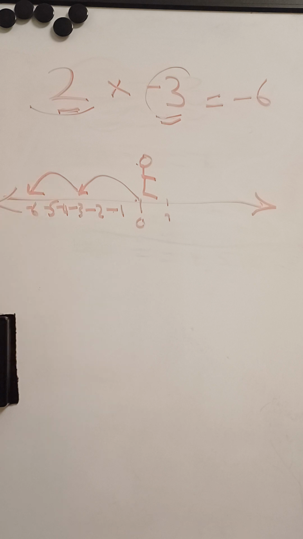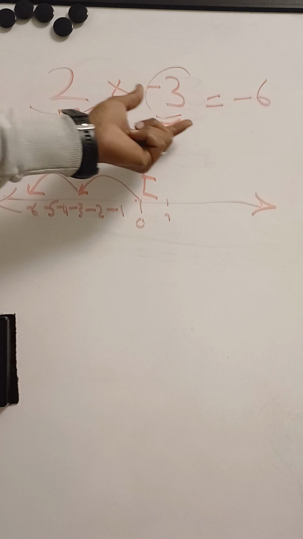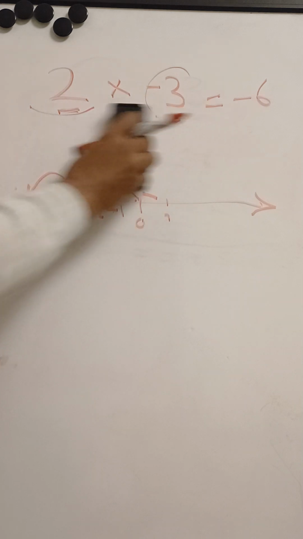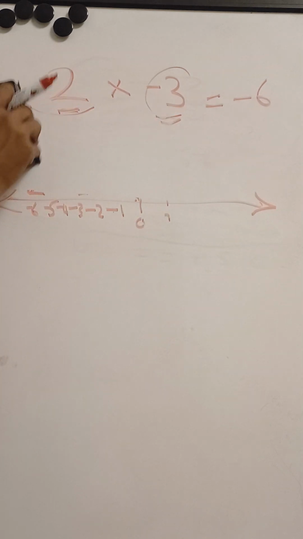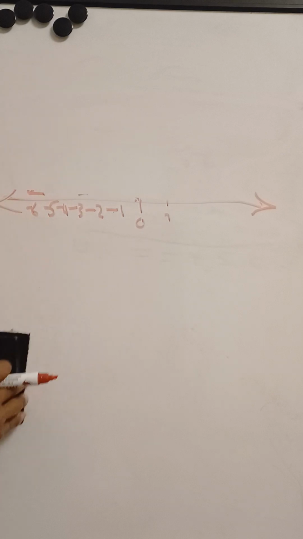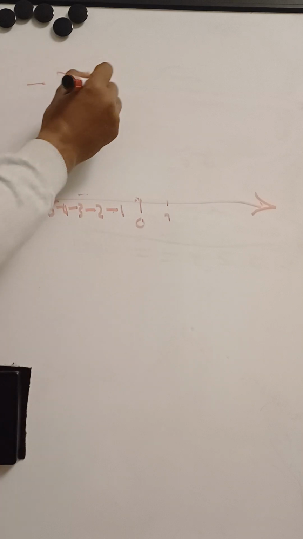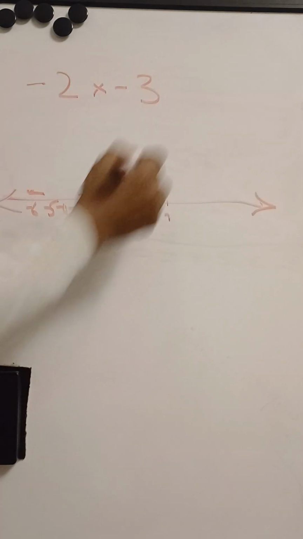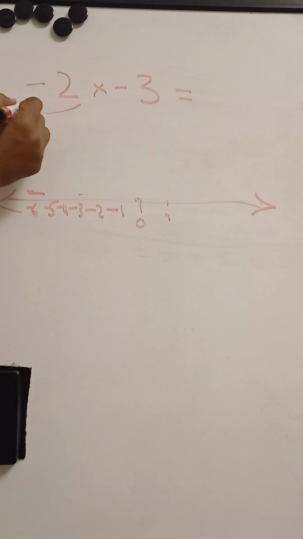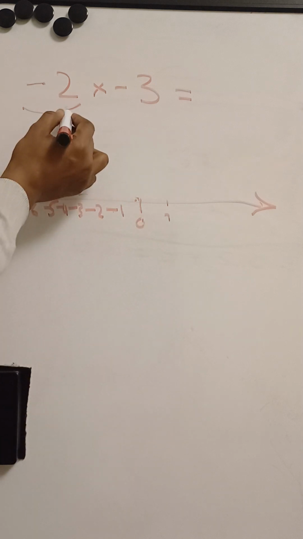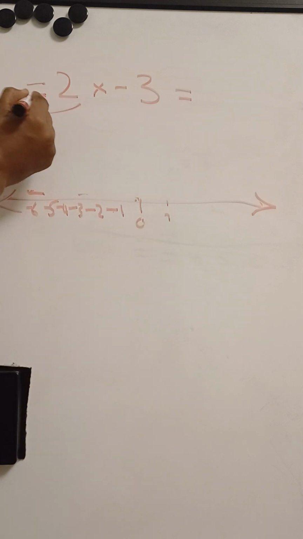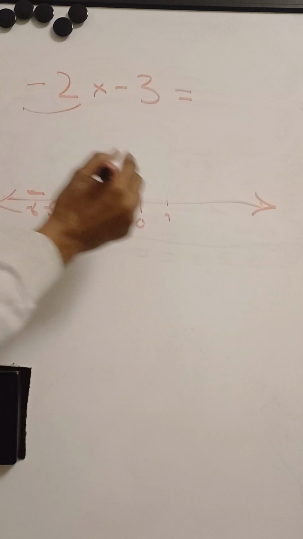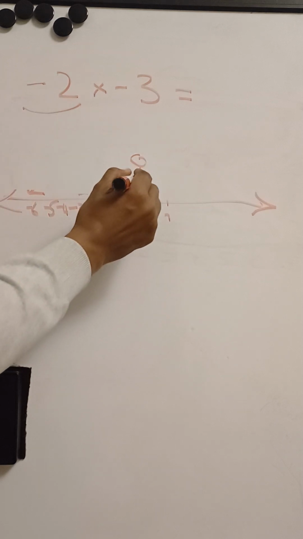What if both numbers are negative? Negative 2 times negative 3 equals, so the first number is negative. To which direction are we going to look? From the 0 to the left, because the sign is negative. So we look to the left.